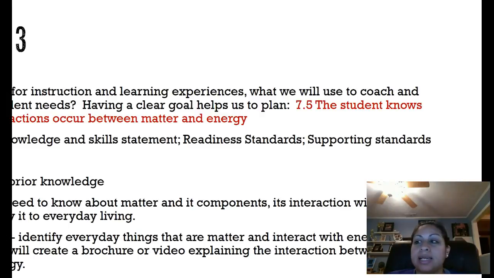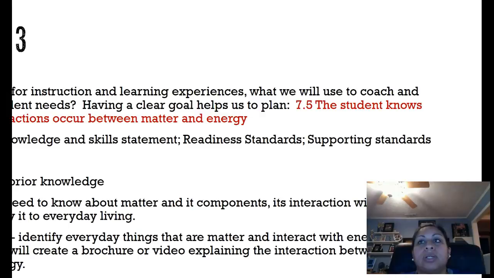Some of the activities that we could plan to have for this is identify everyday things that are matter and that interact with energy. Students could create a brochure, a video, explain the interaction between matter and energy.